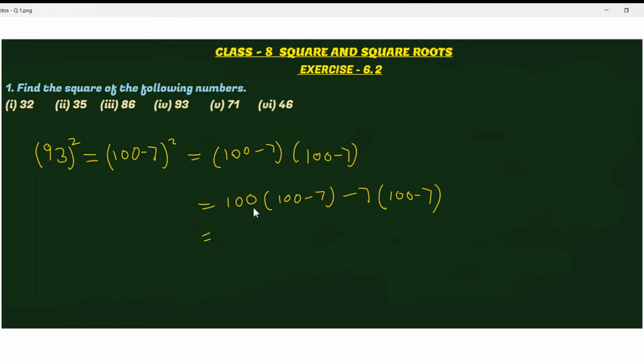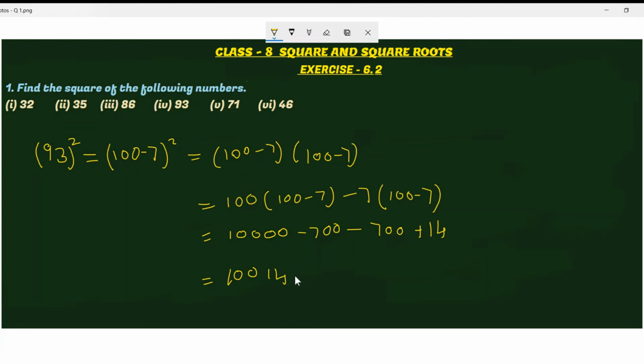Now we need to multiply this 100 with each term of the second binomial. 100 into 100 is 10,000, minus 700. Then minus 7 into 100 is minus 700, and minus into minus is plus, 7 sevens are 14. So 10,000 and 14 are both positive, so you need to add them first.